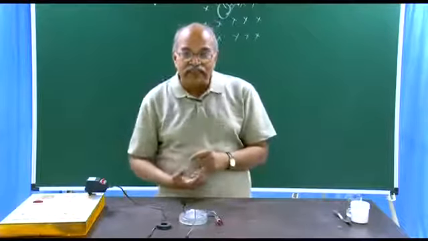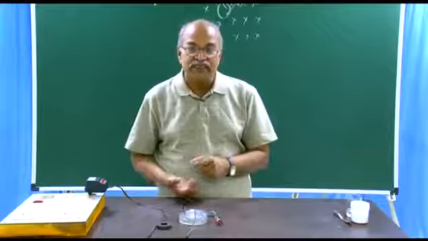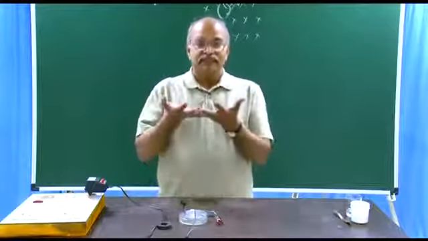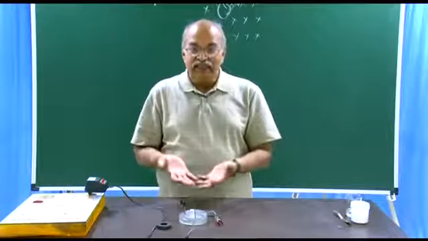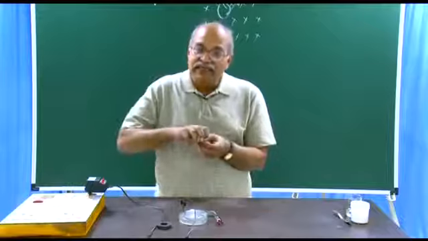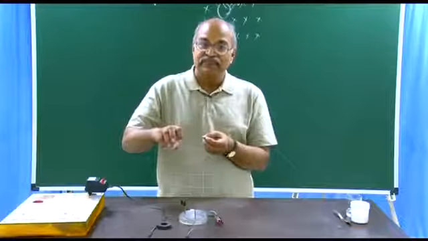And this magnet, which is placed below the petri dish, is giving roughly a vertical magnetic field. So the magnetic field is vertical. The particles are moving in the radial direction because of the electric field.